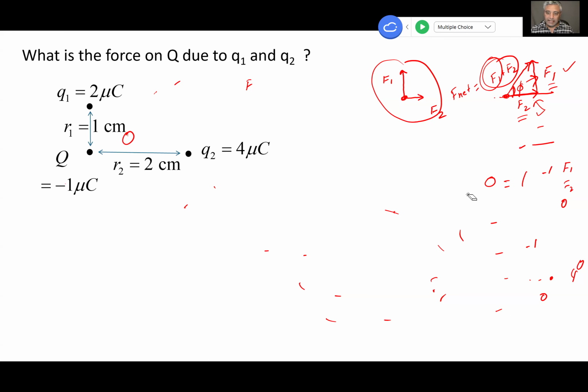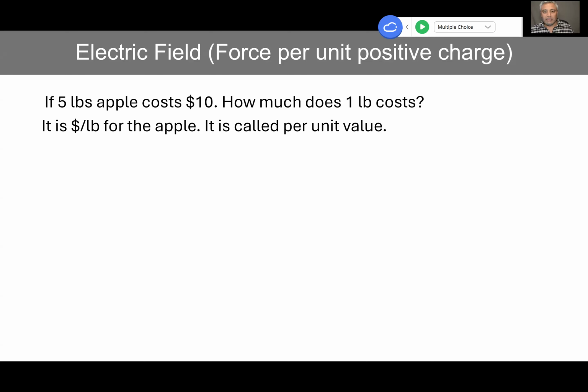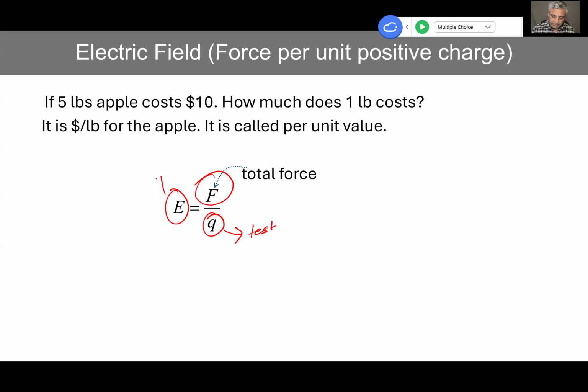Okay, so that's the field idea. So electric field: there is a charge and there is a charge around. How much force per unit charge, we call that field. Force per unit charge. And we define or write an equation something like this. So if you already know the total force on this charge, and this charge is sometimes also called the test charge, this field is coming from whatever it is coming from, we call that the source charge.